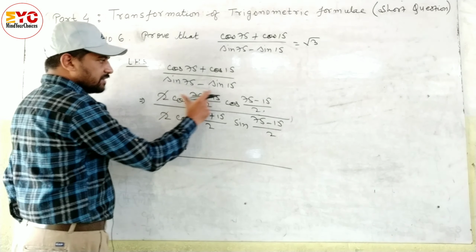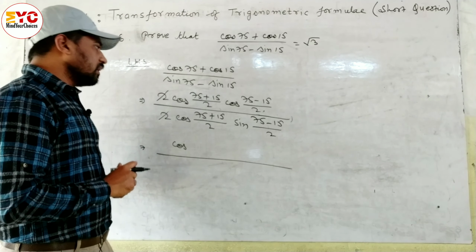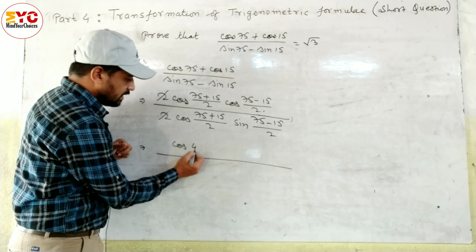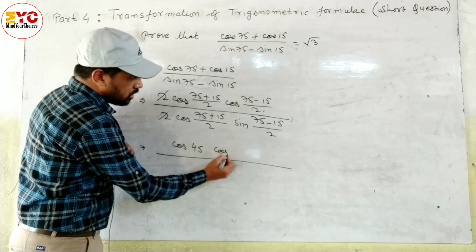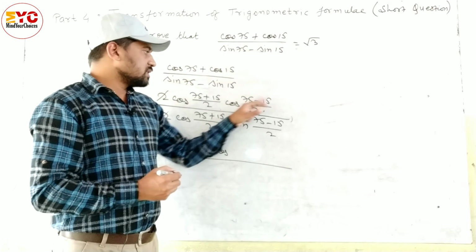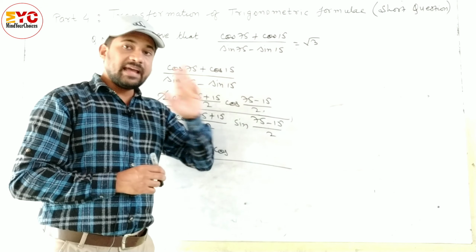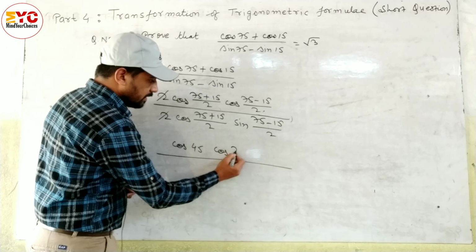After this, you can cancel this 2 here. Cos 75 plus 15, it will be 90, and 90 by 2 we get here 45. Similarly, when you subtract 75 minus 15 we get 60, and divided by 2 we get here 30.